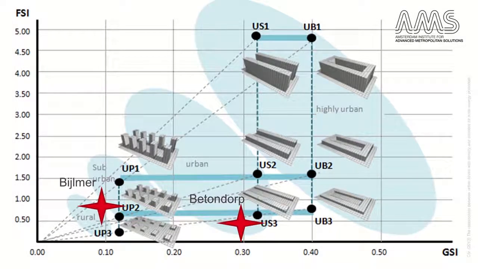If we now put Bijlmer and Betongdorp into this picture, we can see that Bijlmer is much more rural. Why is that? It has a slightly higher FSI, but it is not a very compact build. It has lots of open space, which in this classification is defined as more rural. Betongdorp, on the other hand, is more urban and is more compact, and distances between buildings are short.